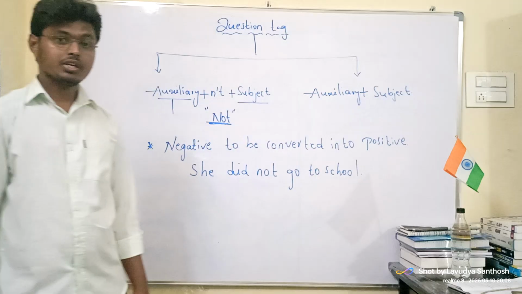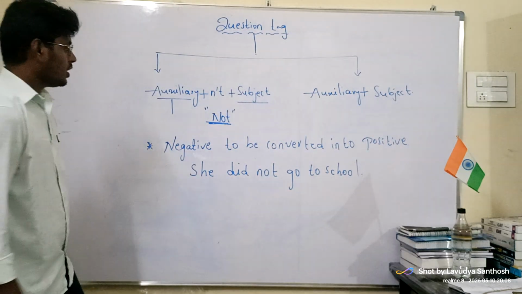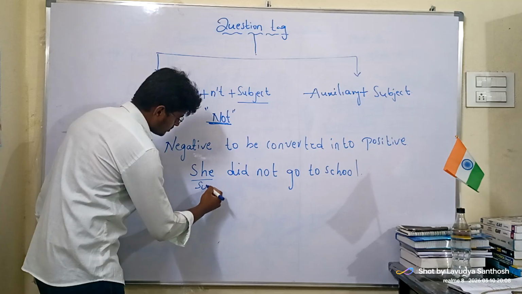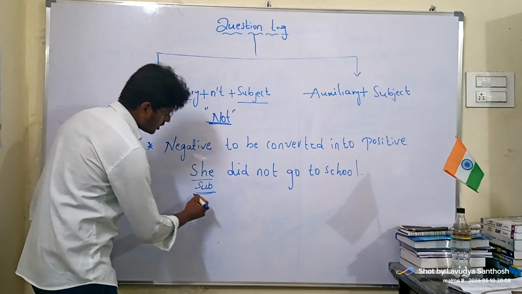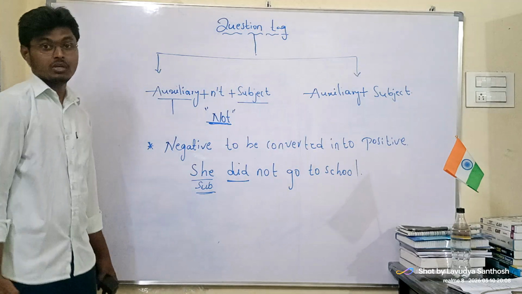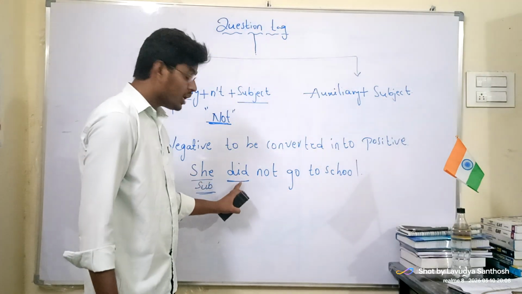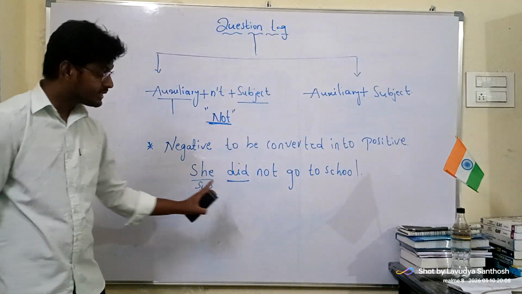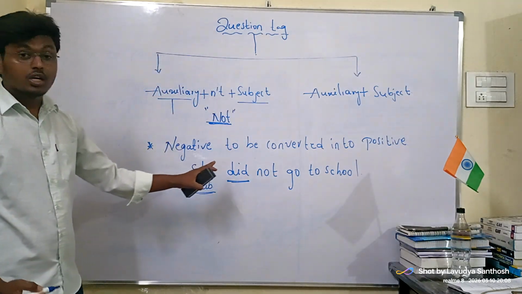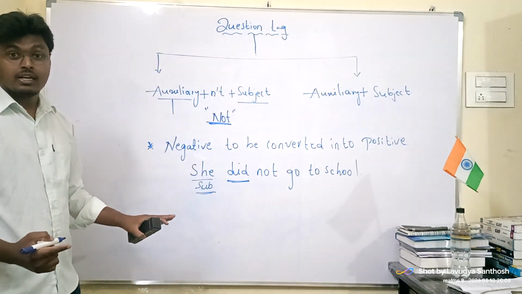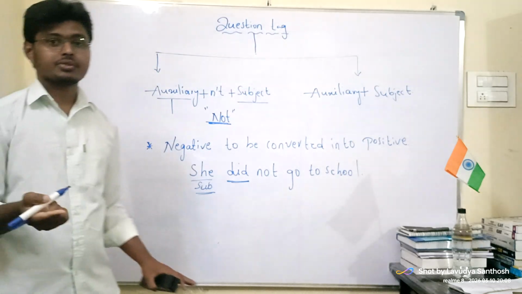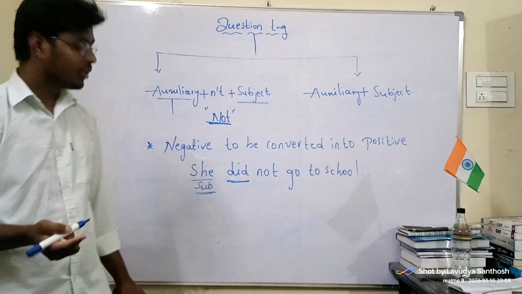Now you see here, she is the subject. Did is the helping verb, nothing but the auxiliary verb of do: do, did, done, doing, and does. These are the five forms.